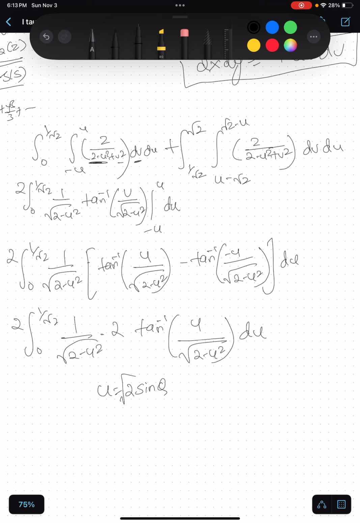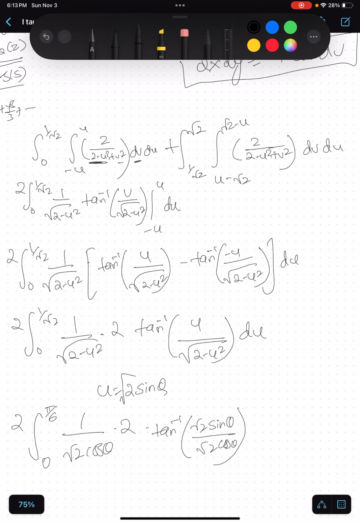If you make that substitution, basically all the things are going to simplify out. What you will get is 2, and over here this will be 0 to pi by 6, right? And this will be 1 by root 2 cos theta times 2 times tan inverse of root 2 sine theta by root 2 cos theta, and du is root 2 cos theta d theta.